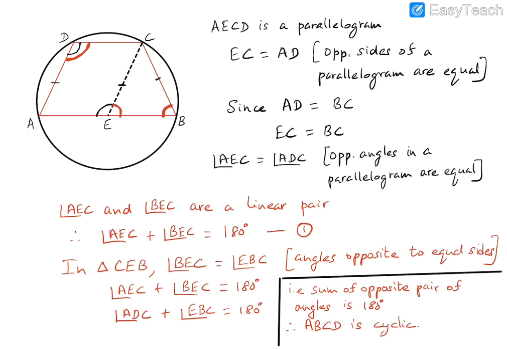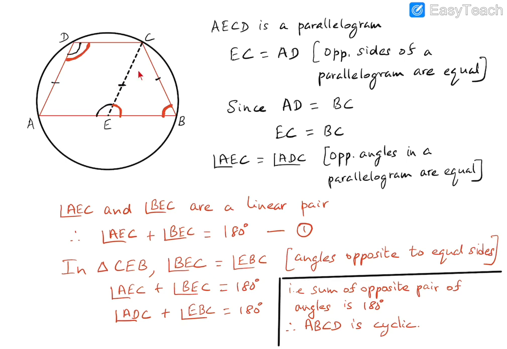Okay, so we had to prove that the trapezium ABCD is a cyclic quadrilateral, and the only information we were given was that the non-parallel sides are equal. So we made a construction by joining CE such that CE is parallel to AD, which gave us a parallelogram AECD. Then we used the properties of the parallelogram to find that the opposite angles are equal, and we also applied the property of the linear pair of angles to get this sum as 180 degrees.